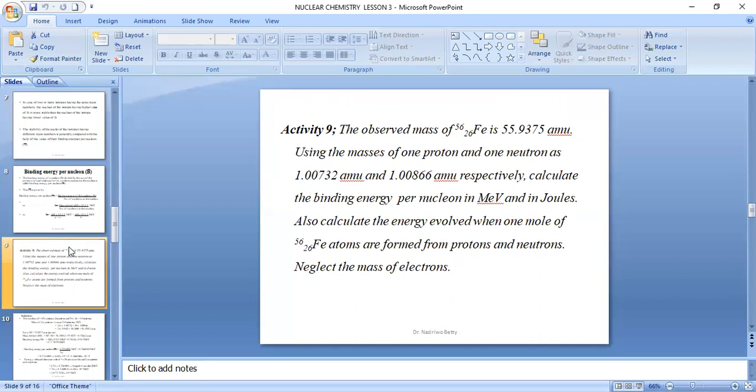Also calculate the energy involved when 1 mole of iron 56 atoms are formed from protons and neutrons. We can neglect the mass of the electron.